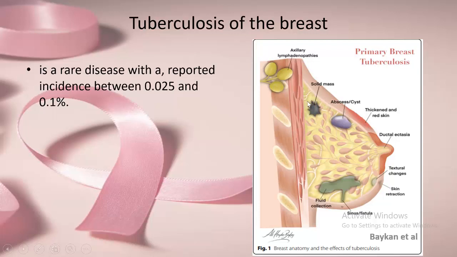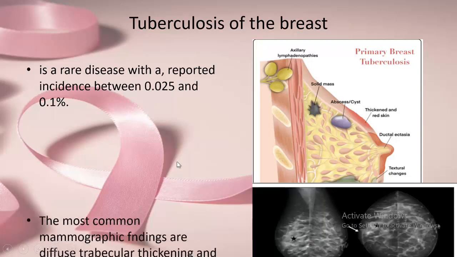It may present as a solid mass, or as an abscess or cyst, and when you aspirate this abscess, you find caseating material. Red or thickened skin, duct ectasia, texture changes in the breast, and sinus or fistula are seen more with TB than with non-specific infection.